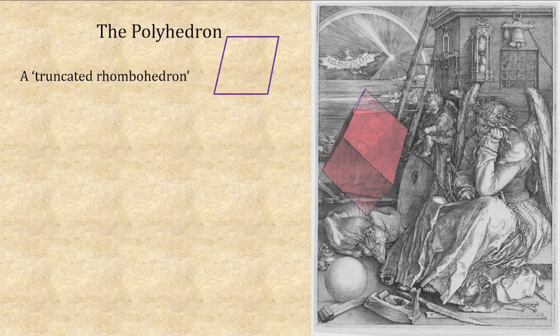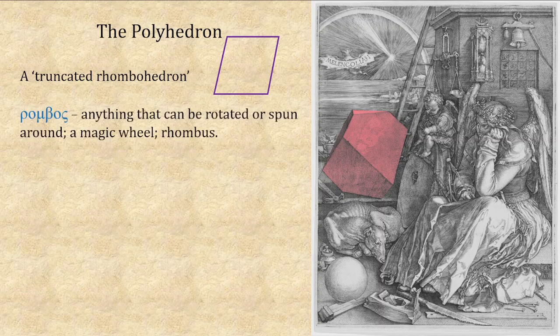The truncated part means that 2 corners have been cut off, and in the engraving this leaves a flat surface at the top and a flat base. I'm not sure if there's any gematria significance accruing to the word rhombos. In classical Greek, a rhombos means something that can be spun, or a magic wheel. Our present-day understanding of a rhombus as a squashed square was only the 3rd meaning in antiquity.